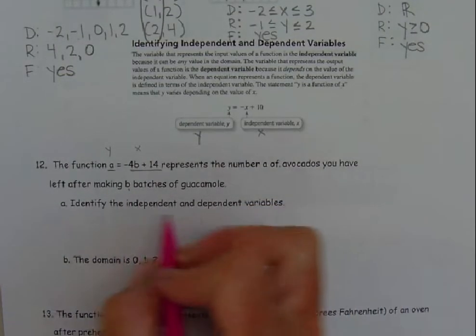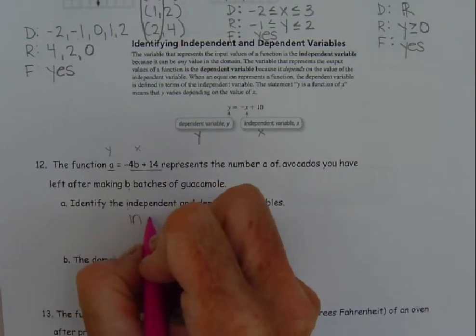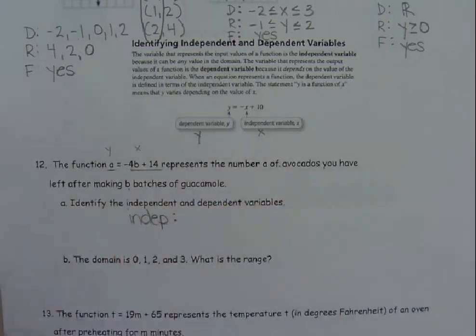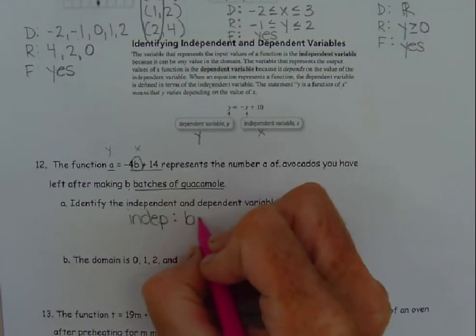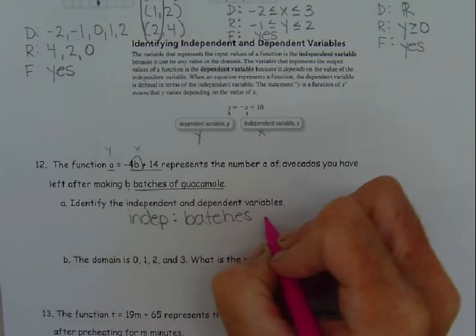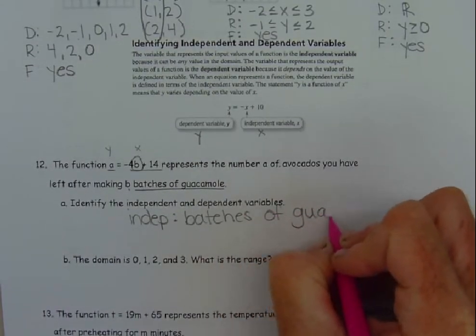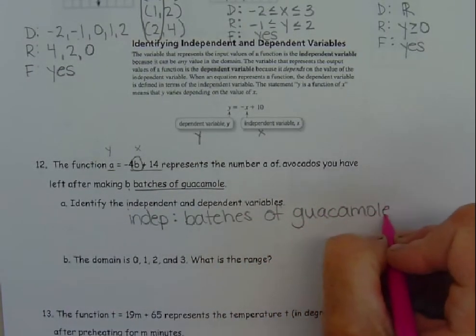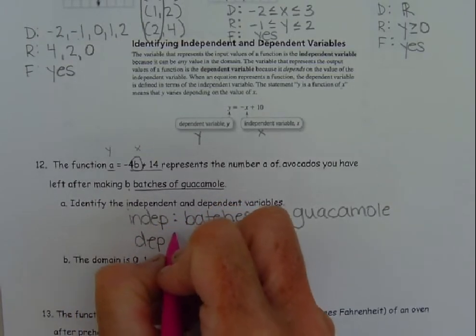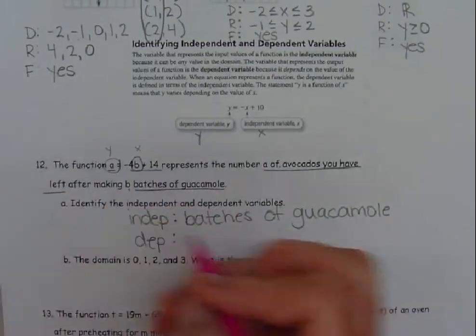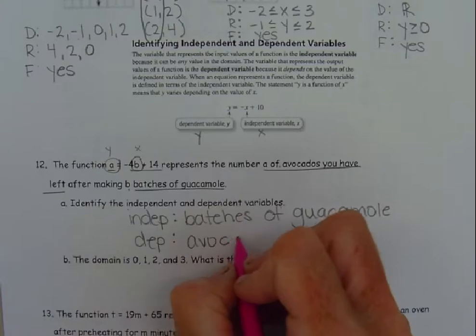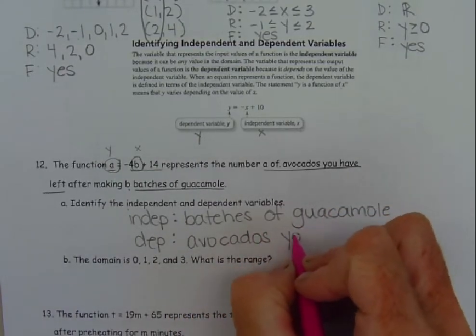So in order to identify the independent and dependent, one way to look at it is your independent is always kind of your x value, which in this case is the b, and the b stands for batches of guacamole. And then your dependent is your y, which in this case is your a, and the a represents the number of avocados you have left.